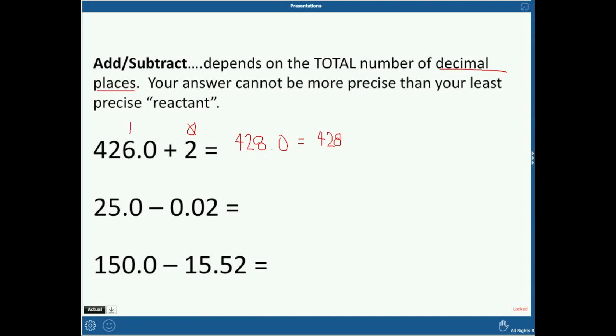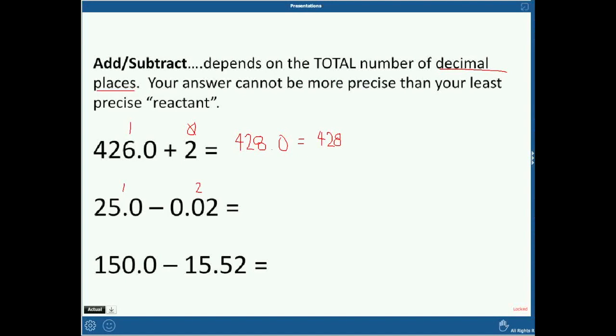So now let's check this next one. This 25.0 has 1 decimal place, and this 0.02 has 2 decimal places. And since it can't be more precise than the least precise thing that we're subtracting, our answer can only have 1 decimal place.